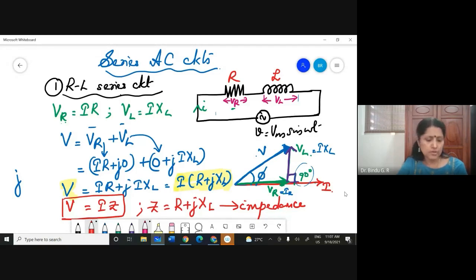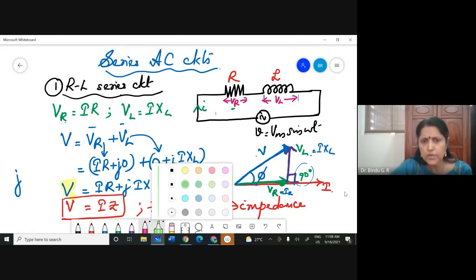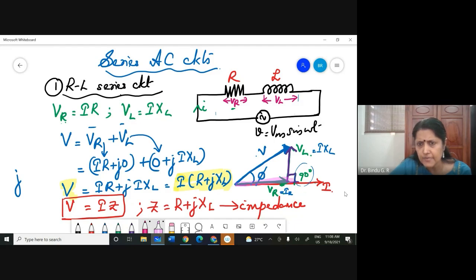I hope you understood the concept of J. J means a shift of 90 degrees. In this case, if you closely watch, you will understand that I have VR in this direction. I cannot add VR and VL just like that. 5 plus 6, you cannot add like that.